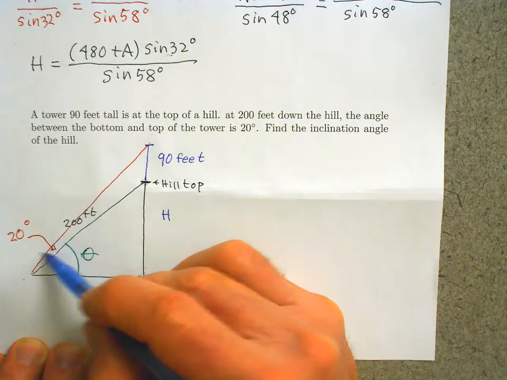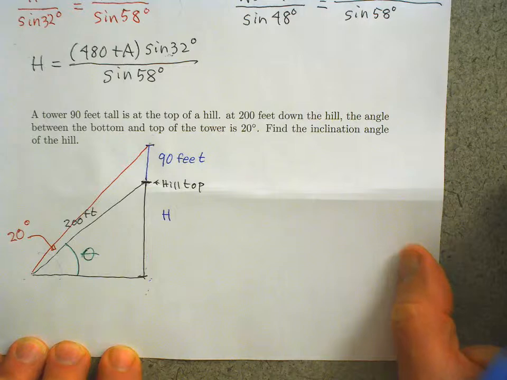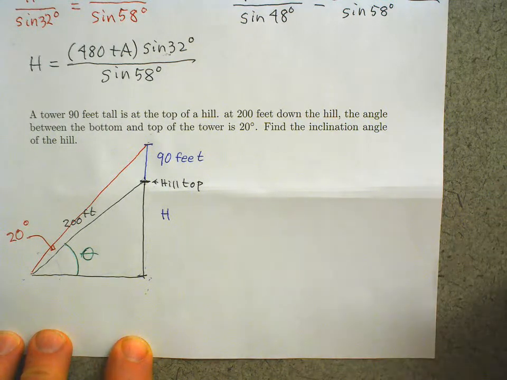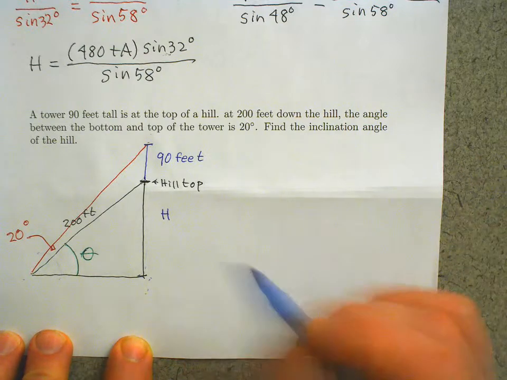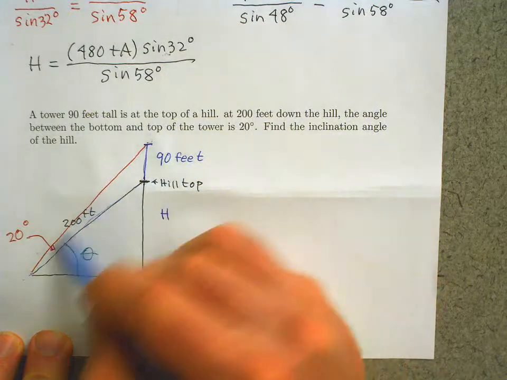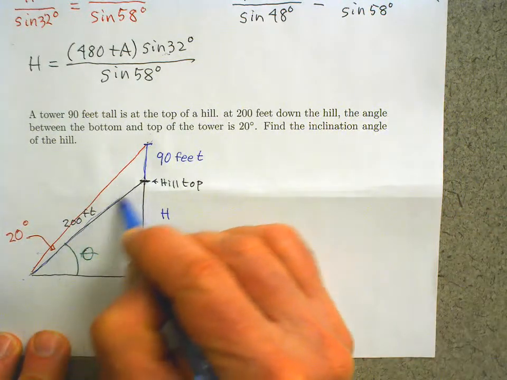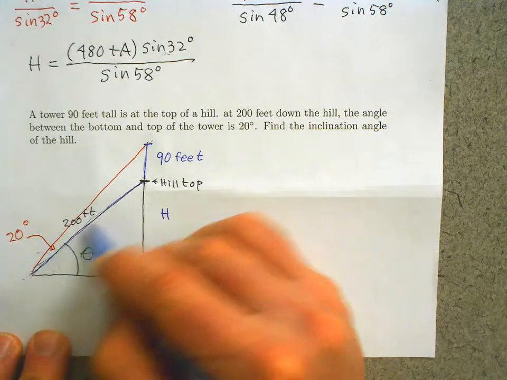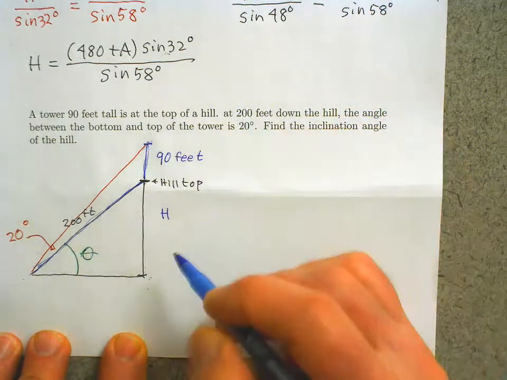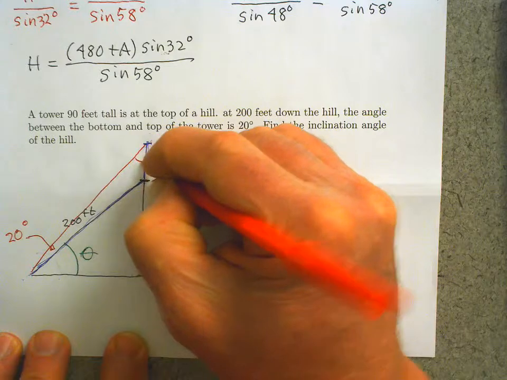And this angle, the big angle, is theta plus 20. No, I don't think I like that. Let's look at this smaller triangle up here. We're given two sides, the 200-foot side and the 90-foot side. So we can find this angle up here. Let's call this angle phi.